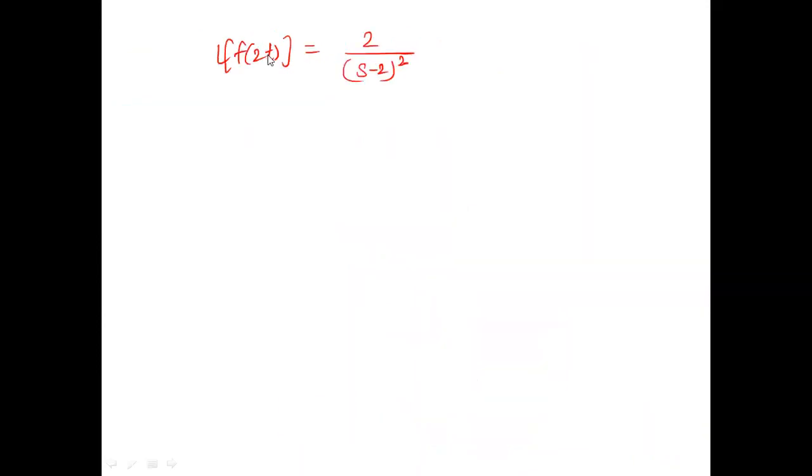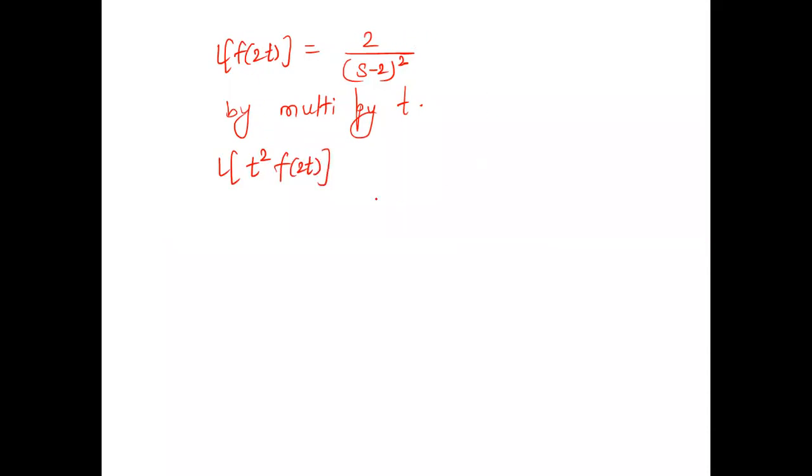So we have a property. Which property? By multiplication by t. So yes, t square f of 2t. We have to apply t square on f of 2t, so carry forward the answer we got for f of 2t.